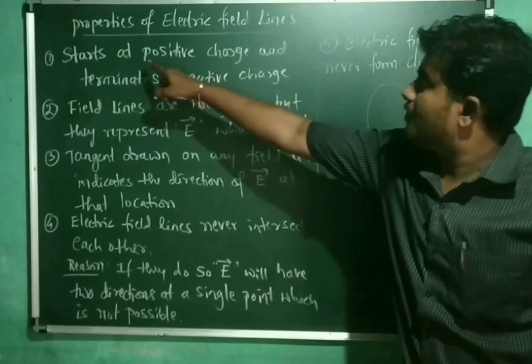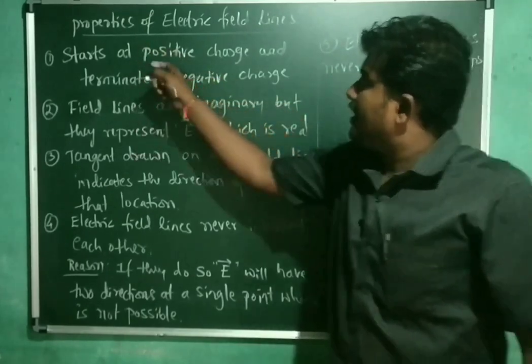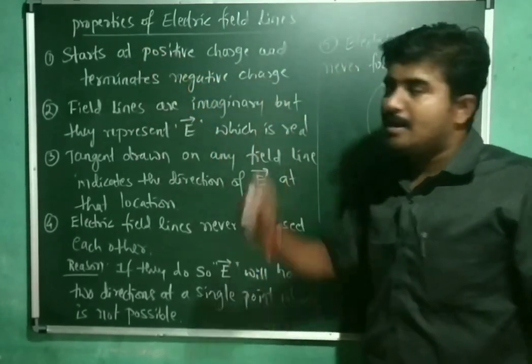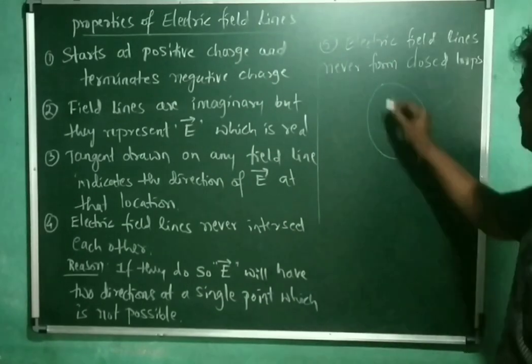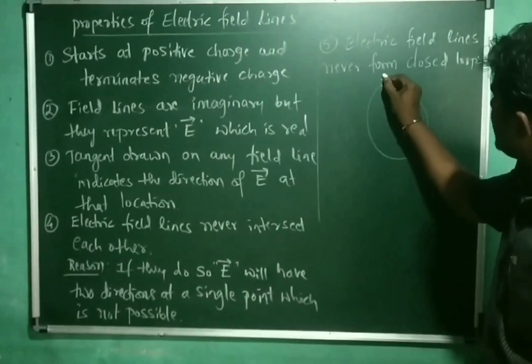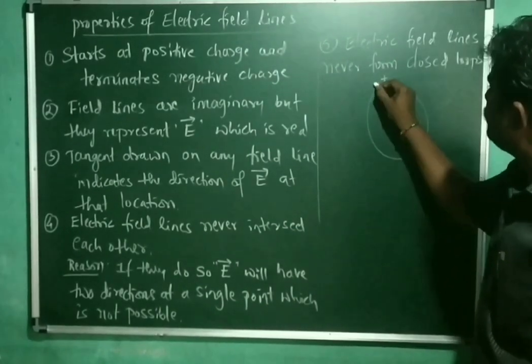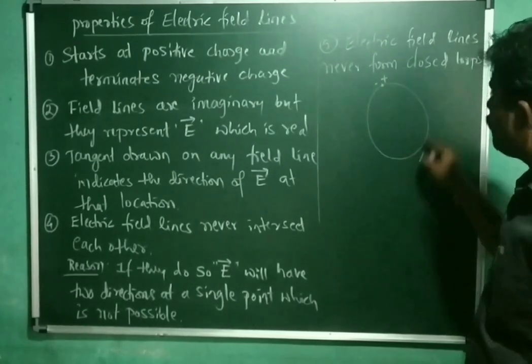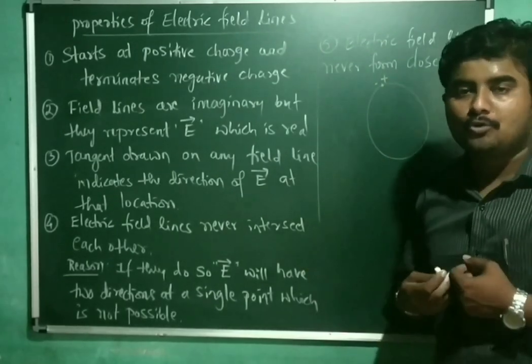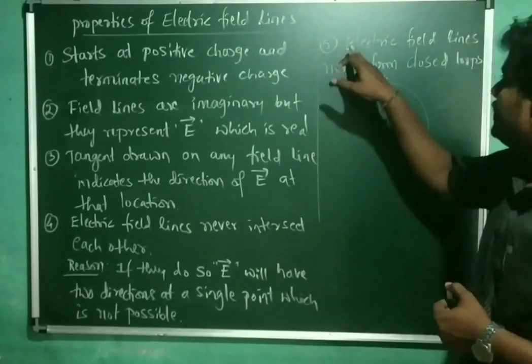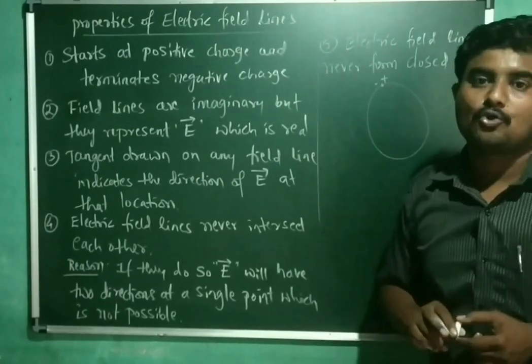But according to the first property, the electric field lines start at positive and terminate at negative. It means if I consider the starting point as positive, then the end point has to be negative. But for a closed loop, the starting point and end point are the same. Therefore, the electric field lines never form closed loops.